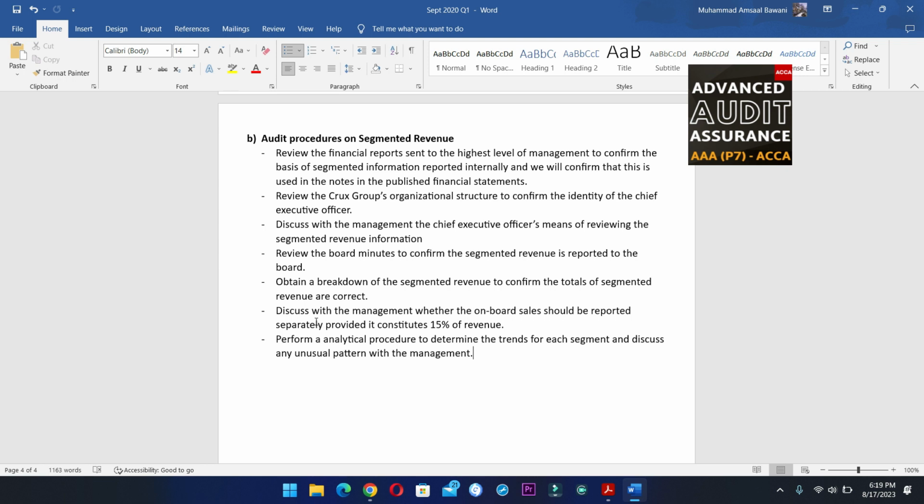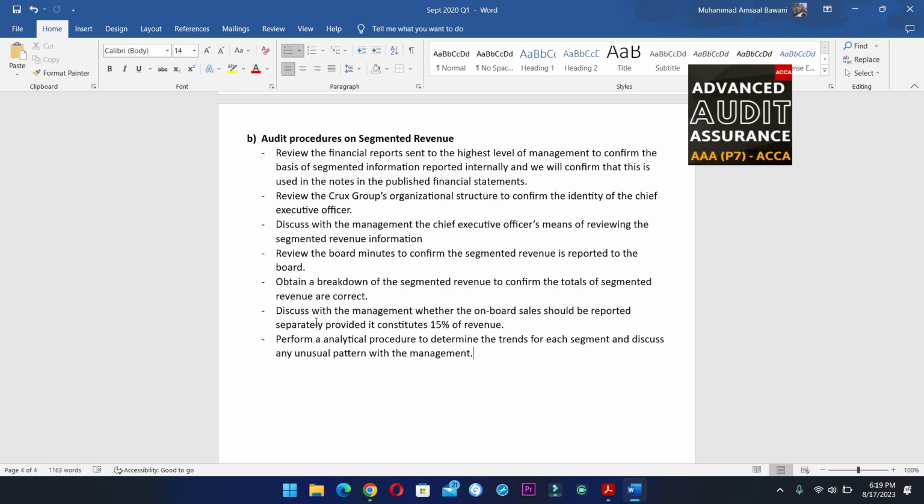And see, it's 5 marks only and 5 procedures. That's it, 1 mark per procedure. And each procedure should begin with a verb, should be case specific, and further it should be objective. It should state the objective behind performing that action, right? So we have done this in the procedures which we have drafted.